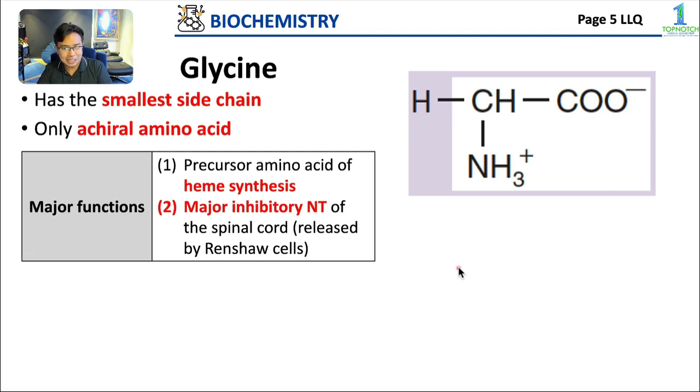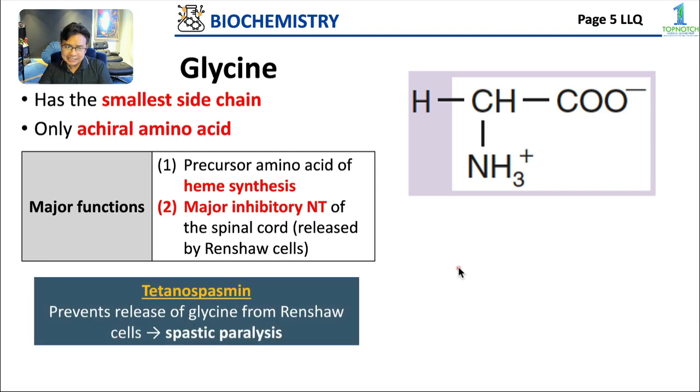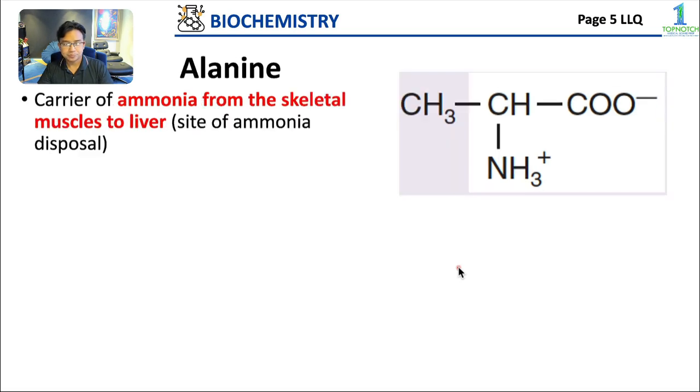Ginagawa sila sa ating Renshaw cells. And kaya tayo nagkakaroon ng spastic paralysis kasi with tetanus toxin in tetanus, guys, piniprevent niya ang release ng glycine from these Renshaw cells. Kaya nagkakaroon ng spasms causing spastic paralysis in tetanus.